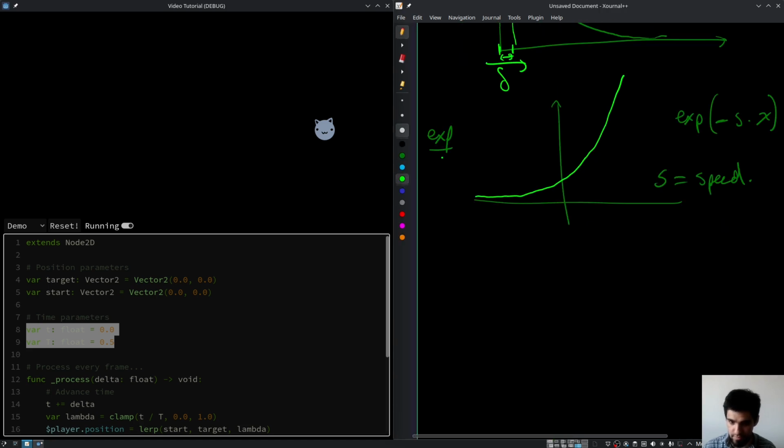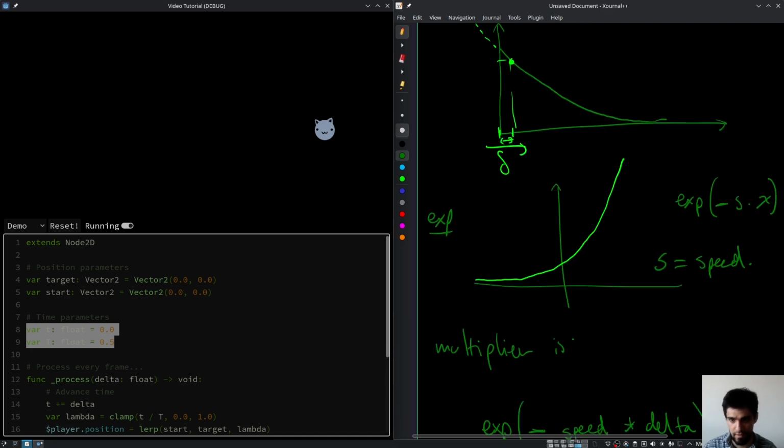And so the multiplier is the exponential of minus the speed times delta, which is how much time has passed since the previous frame, multiplied by how fast we want to go overall. Still using this minus.